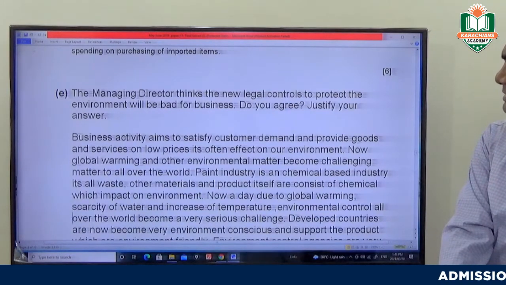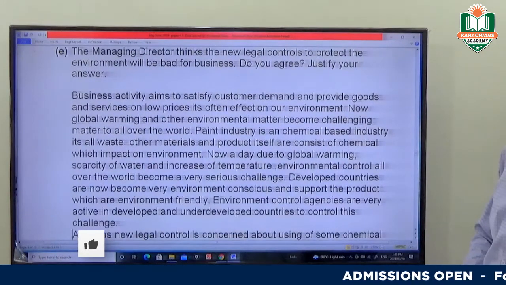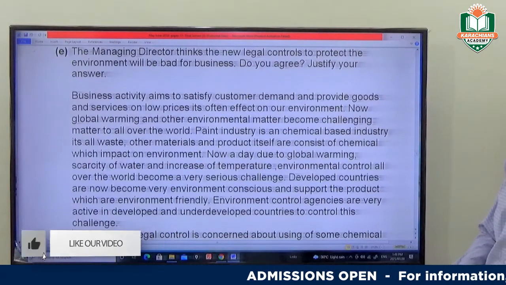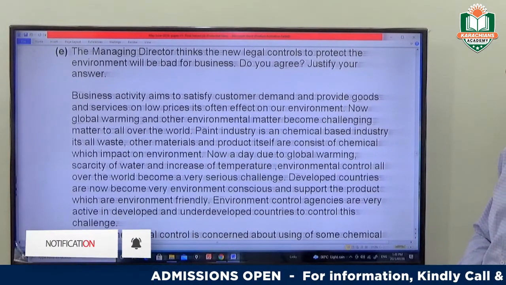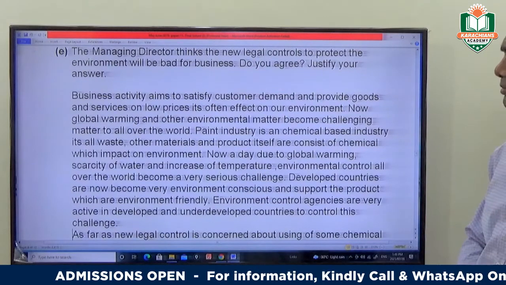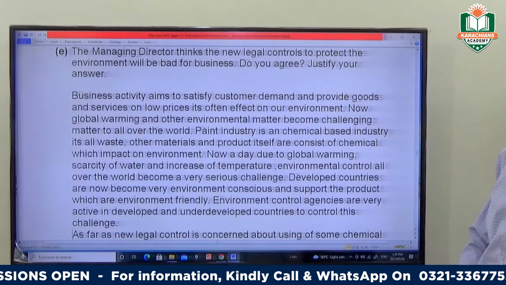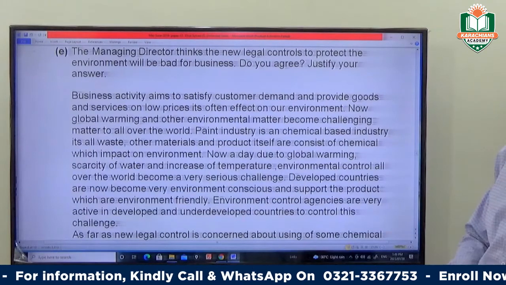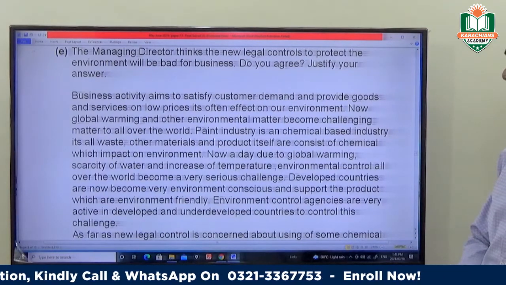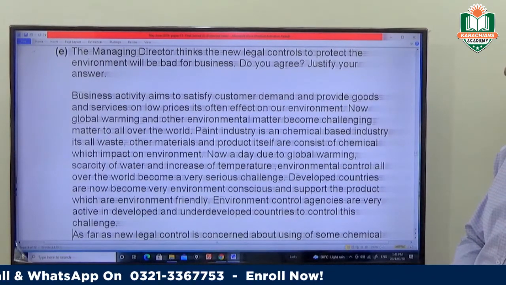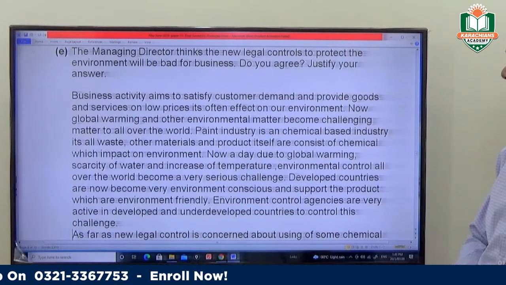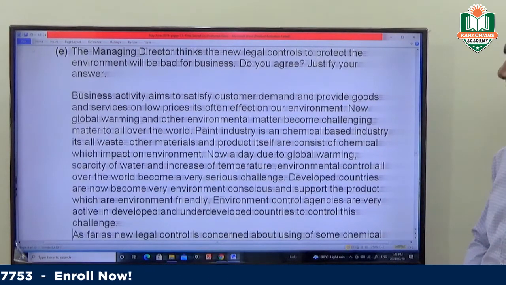Now is the answer. Business activity aims to satisfy customer demand and provide goods and services at low prices. It often affects the environment. Now global warming and other environmental matters have become a challenge all over the world. The paint industry is a chemical-based industry. Its waste, other materials and products themselves consist of chemicals which impact the environment.